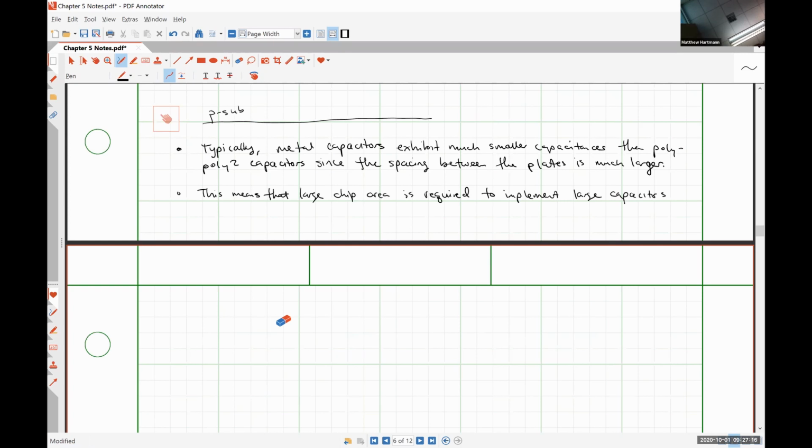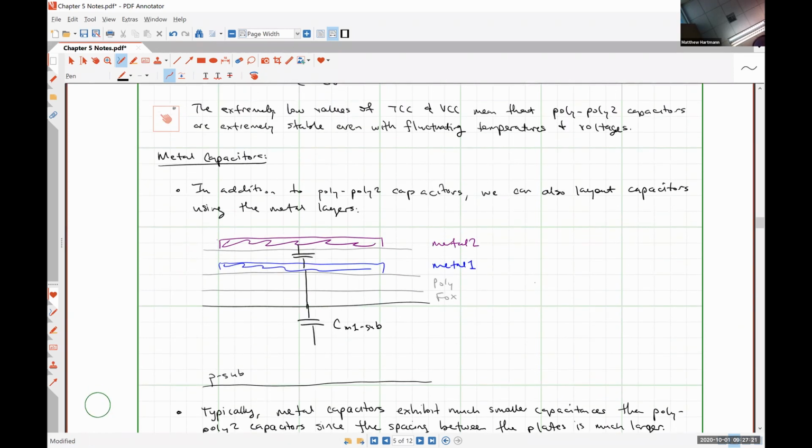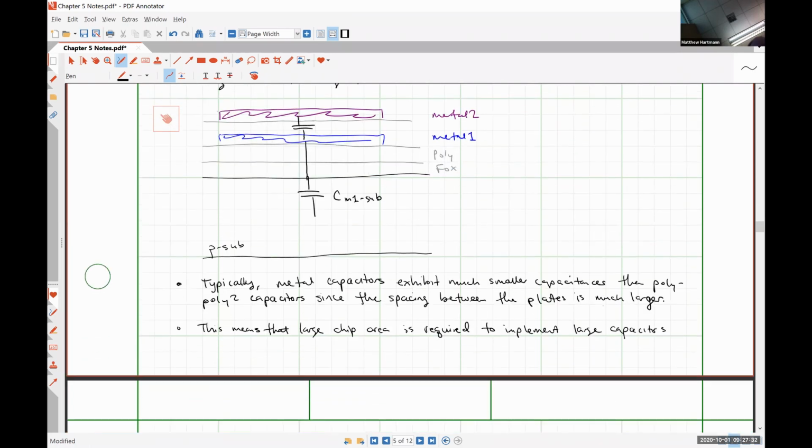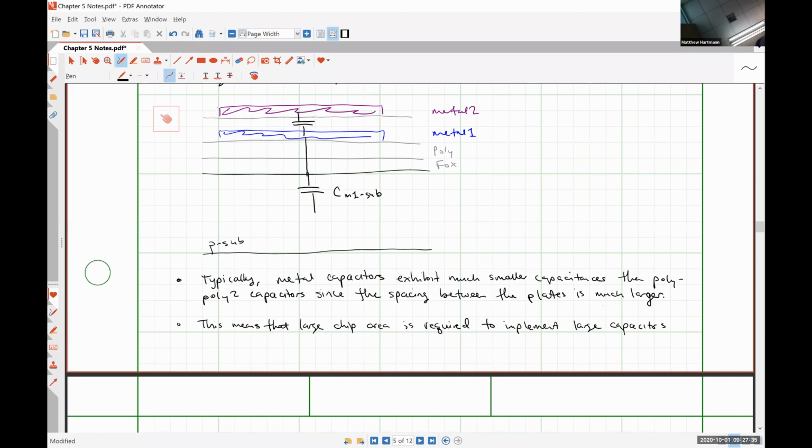All right, so as we talked about a few minutes ago, there is a bottom plate capacitance here, right? So there's a capacitance formed between metal 1 and metal 2, and there's also a capacitance formed between metal 1 and the substrate. So the issue here is that the distance between the metal 1 and metal 2 plate is almost the same as the distance between the metal 1 and the substrate. And since the spacing between them is the same, that means that the parasitic capacitance can be almost as large as the design capacitor.